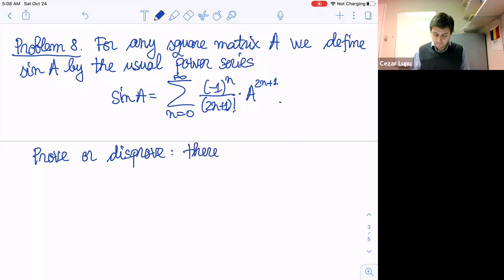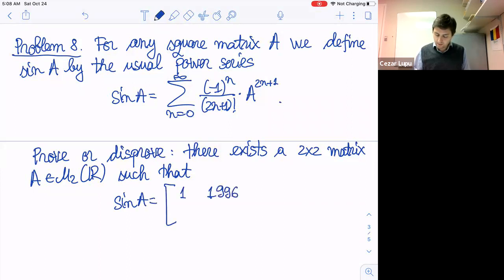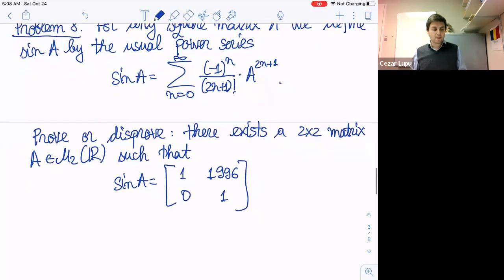There exists a 2 by 2 matrix A with real entries, in M2(R), such that sine of A is nothing else than just this matrix: 1, 1996, 0 and 1. All right, so this was Putnam B4 in 1996.